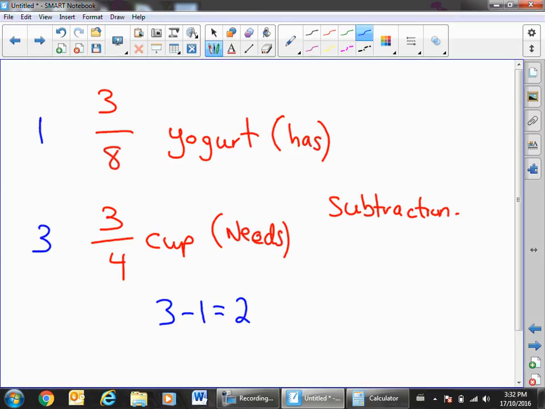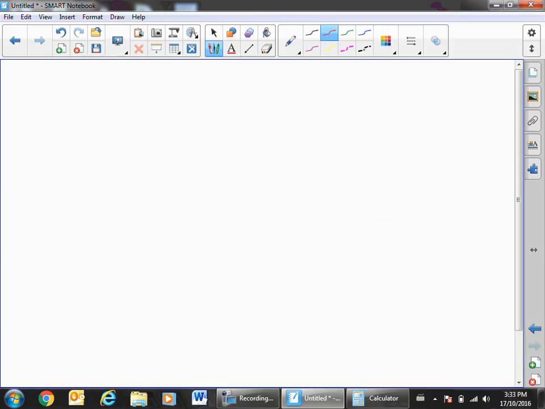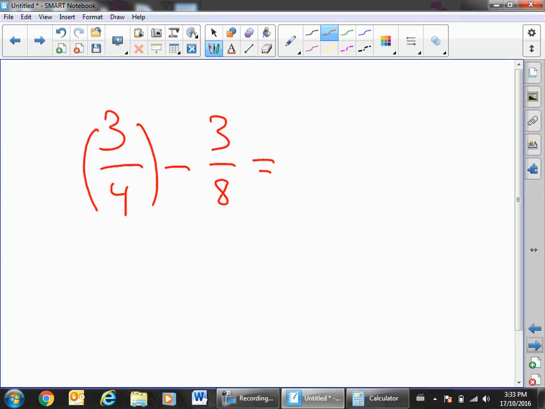So we're going to take 3/4 of a cup and subtract 3/8 of a cup. 3/4 minus 3/8. Whenever we're doing addition or subtraction with fractions, we have to make sure our denominators are the same.